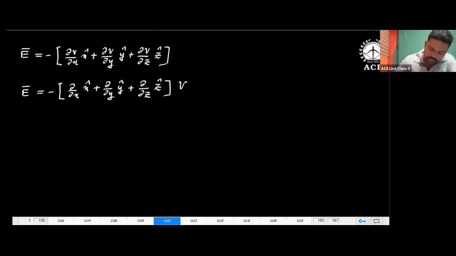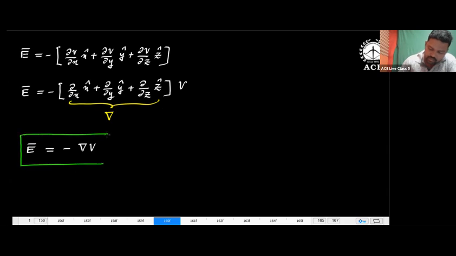Now what is this one, beta? That is nothing but a differential operator del. So what is this E? E is equal to minus gradient of v. Forget about all the mathematics we have done. For your exam, this is what you need to remember.